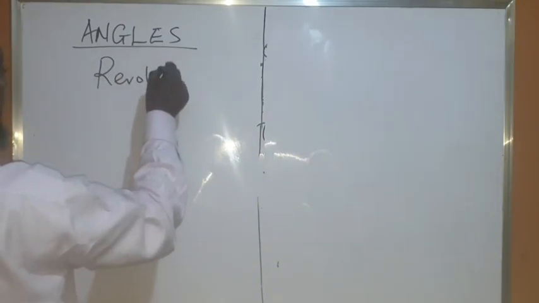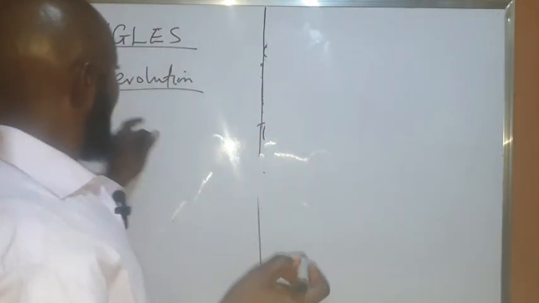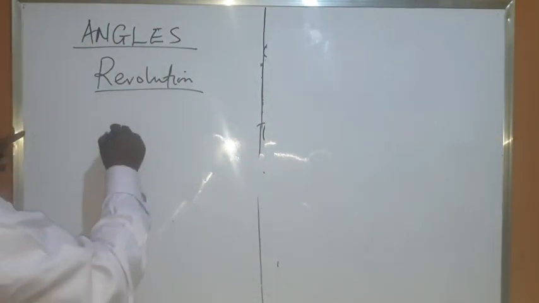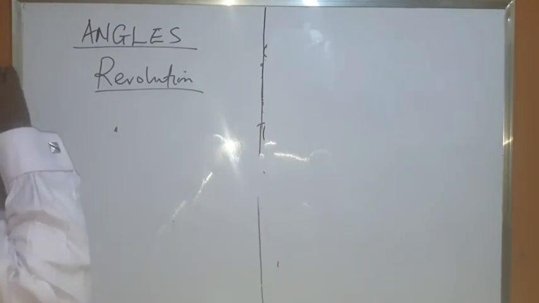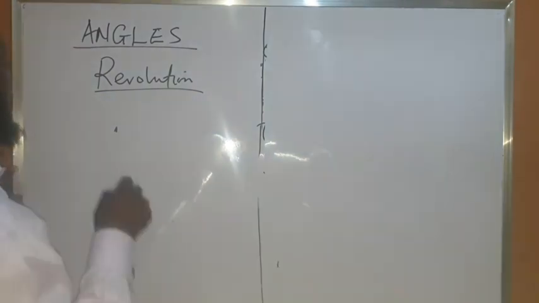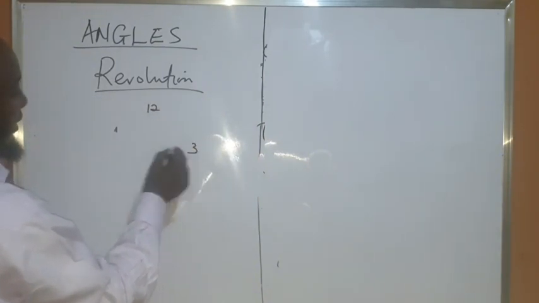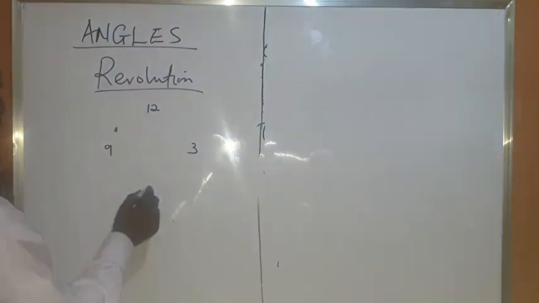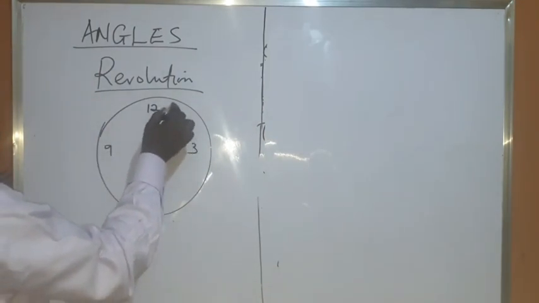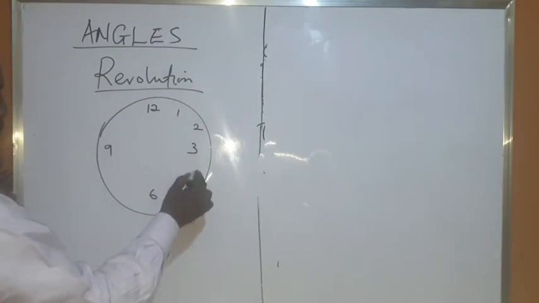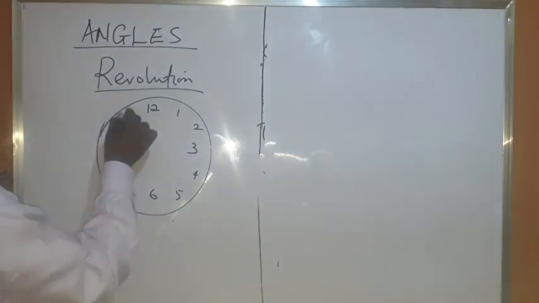Revolution in mathematics is not the revolution you know each night. Revolution is talking about when the minute hand or hour hand starts from the 12. We have 3 here, 9 here, 6 here, so we have a circle like this, a clock. In between we have 1, 2, 4, 5, 7, 8, 10, 11.